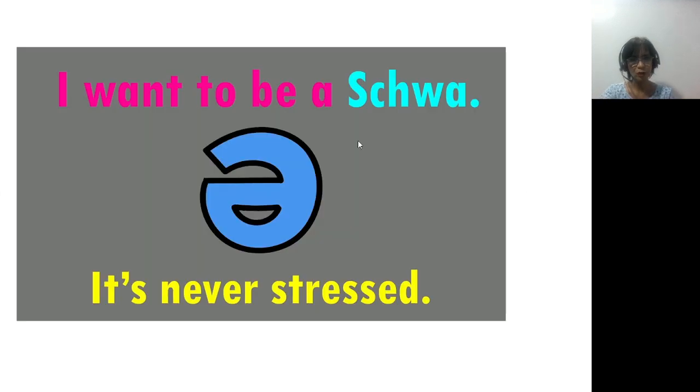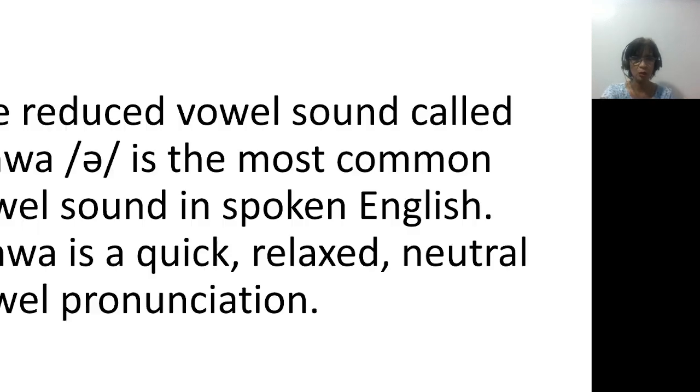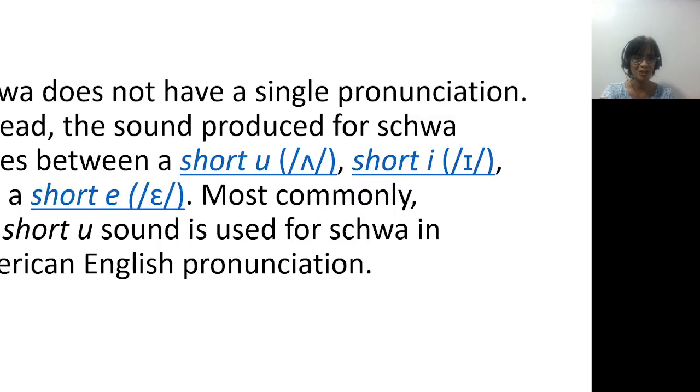Now, the first sound, which is the most common sound in the English language, is called the schwa. The schwa is a non-stressed syllable. This is the most common sound in the language because most of the words that we speak should not be stressed. This is the definition of schwa: the reduced vowel sound, the most common vowel sound in spoken English, is a quick, relaxed, neutral vowel pronunciation.